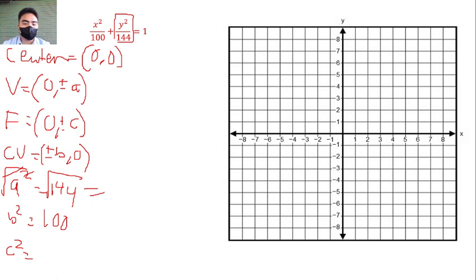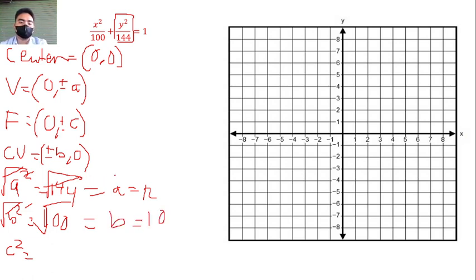So we could write down that the value of A is 12. Then we're going to get the square root of 100 as well in order to get the value of B. What's the square root of 100? The value of it is 10.